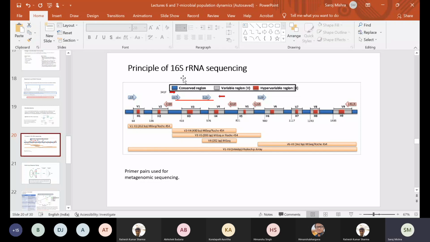Now within the gene coding for the 16S ribosomal RNA, you see there are regions shown in dark blue, which are highly conserved regions, and then there are regions shown in red, which are called the hypervariable regions.